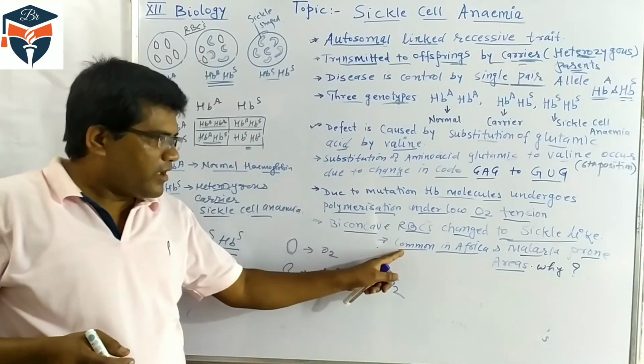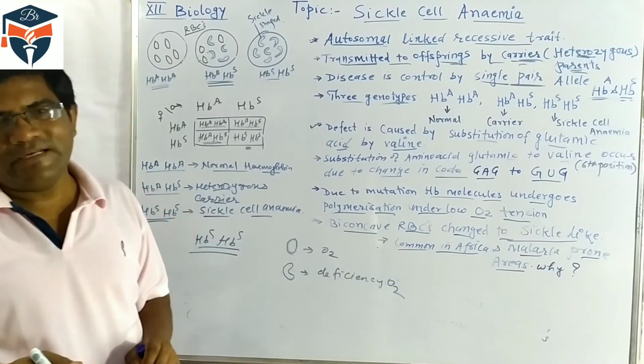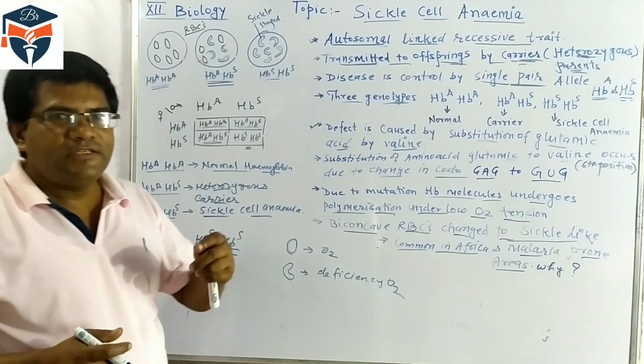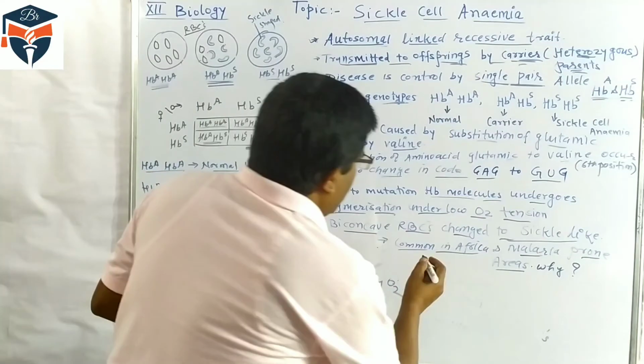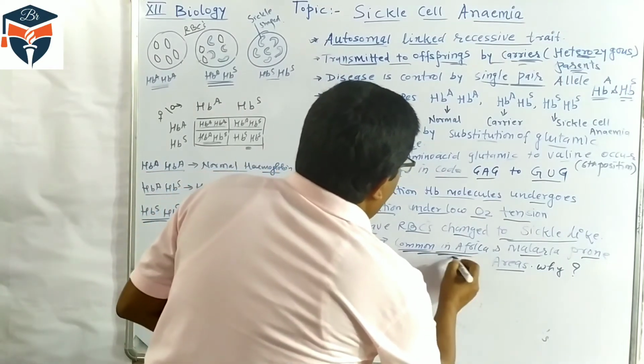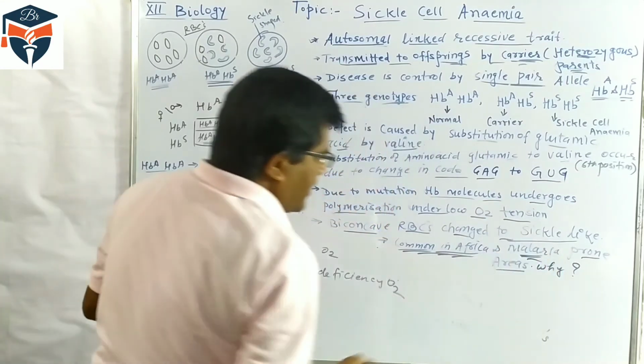Why in Africa? As I told you, it is a genetic disorder, and this gene is carried from one generation to another, and that's why it is very common in African and malaria-prone areas.